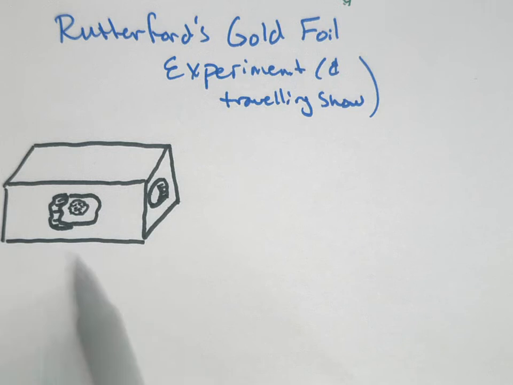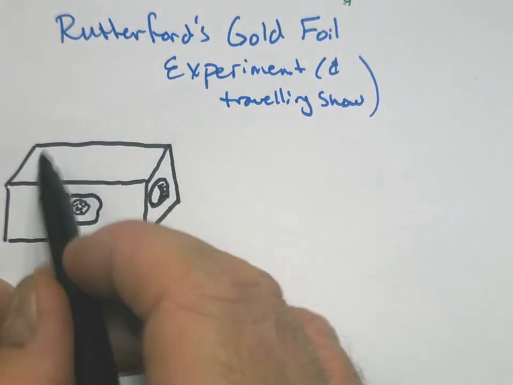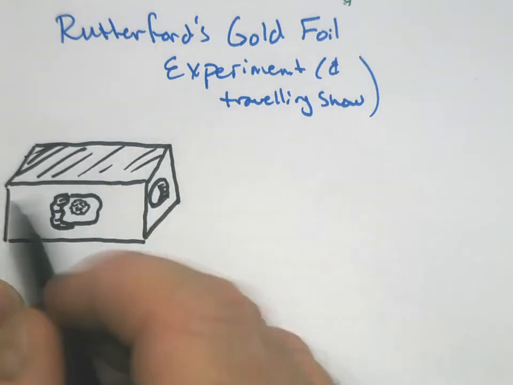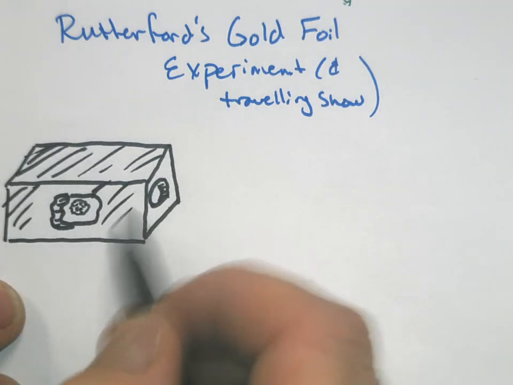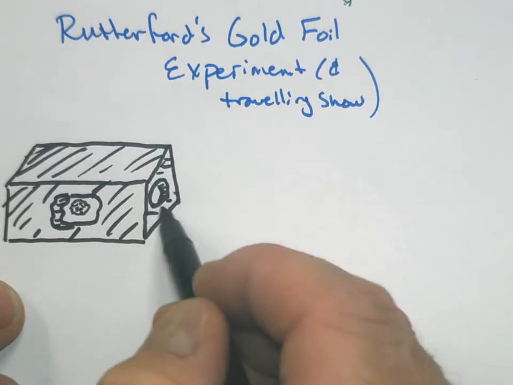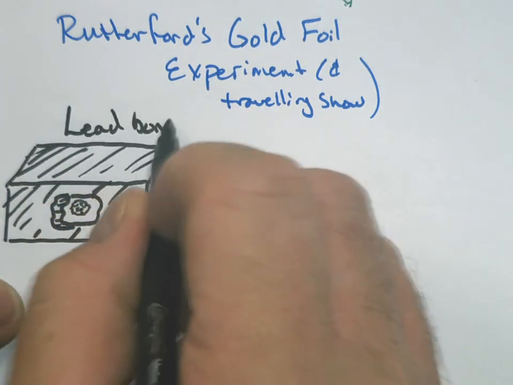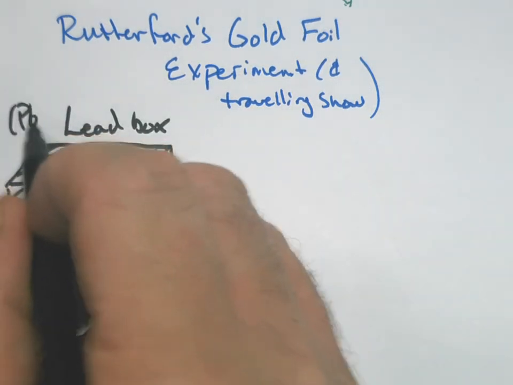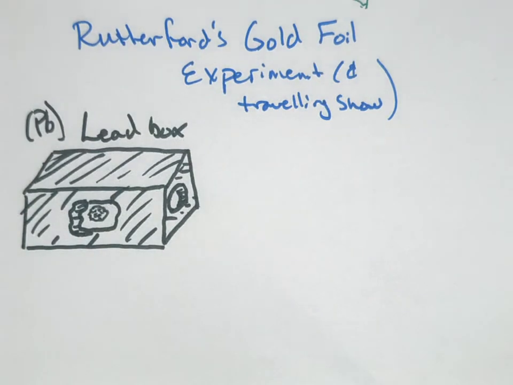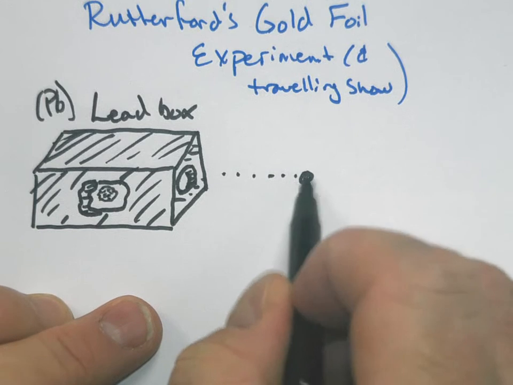See that? Isn't that cool? So there's uranium inside the box, and this whole thing is lead. The lead box, Pb is the symbol for lead. And out of the lead box shot an alpha particle.